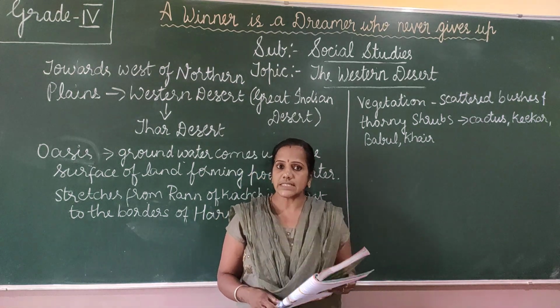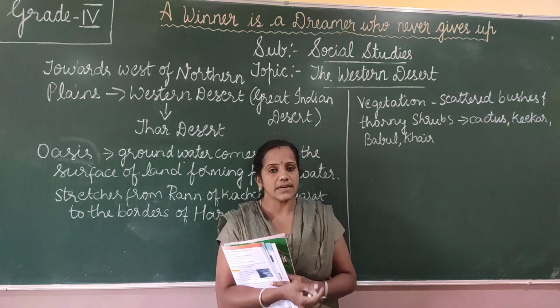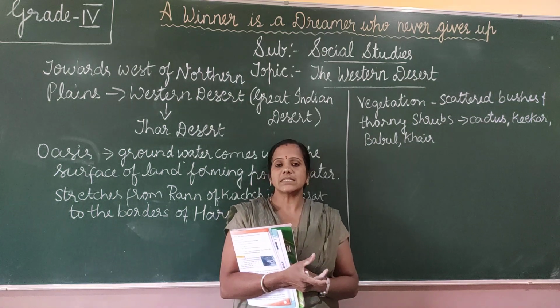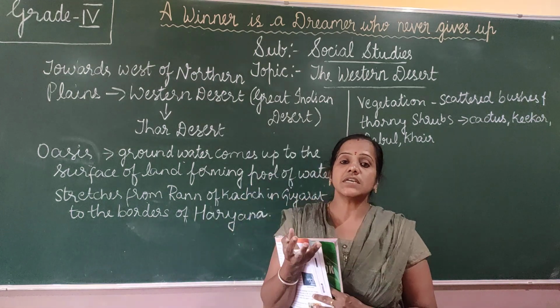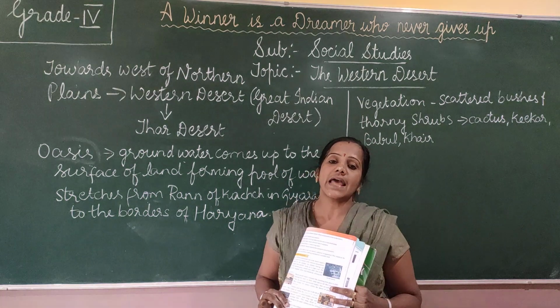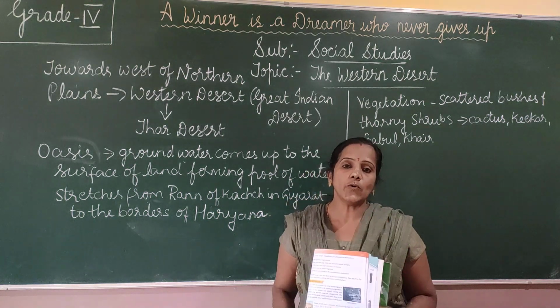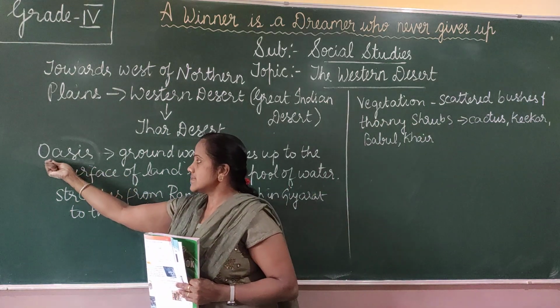Most of the desert areas are dry areas, but in some places the groundwater comes up to the land surface, forming a pool of water. This is called an oasis.